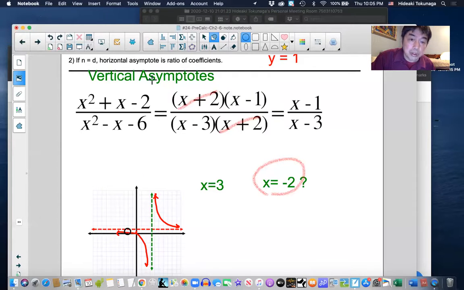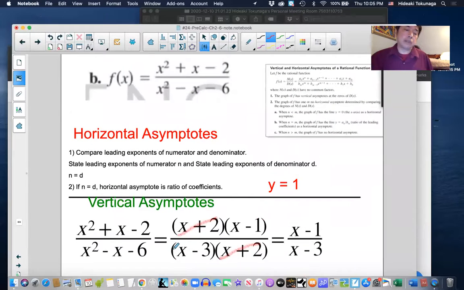So I will put the open dot here. At this moment, you don't have to graph this, but I want you to know. So I have to use an eraser to erase here and create the line to skip this number. Okay, that's the asymptotes.